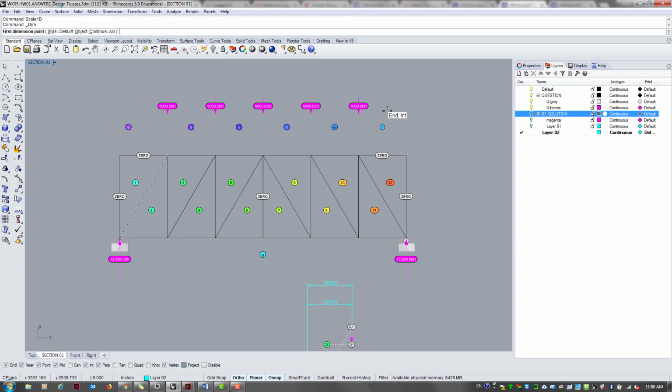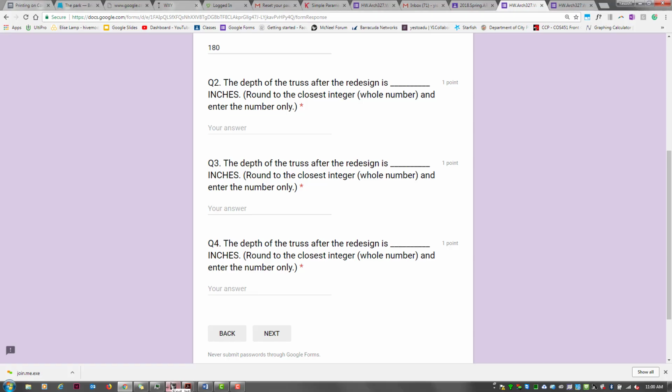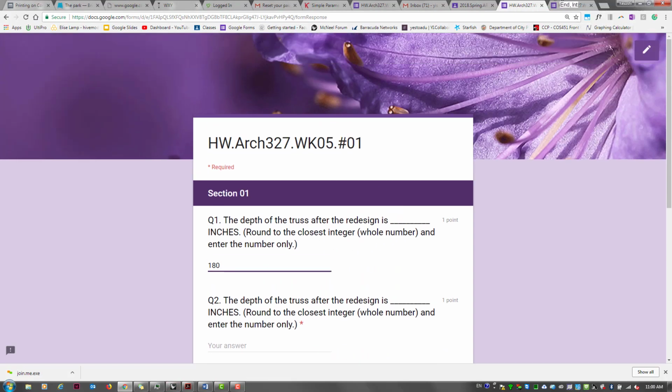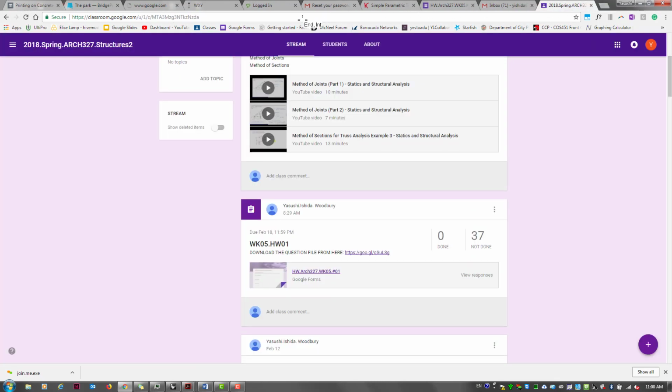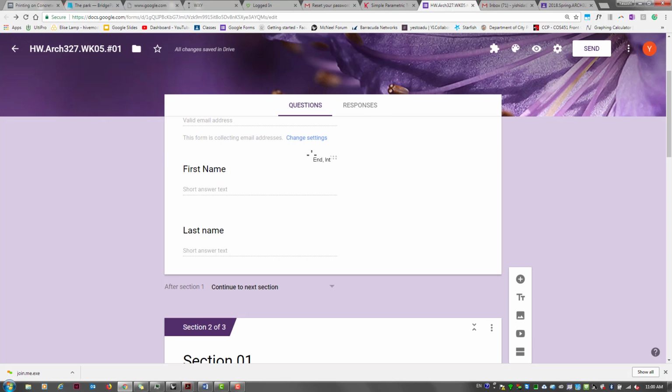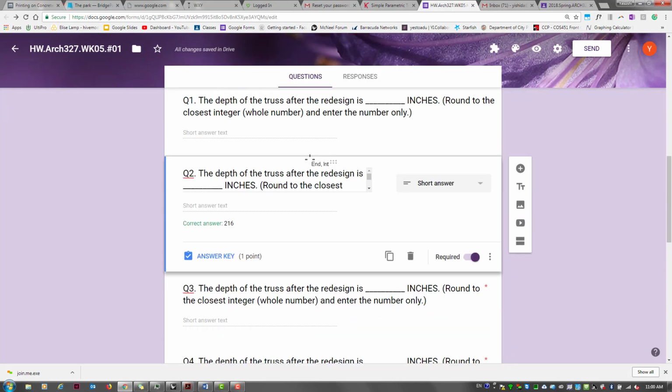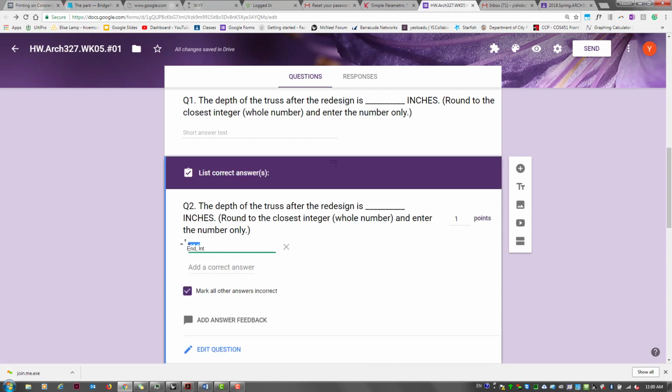So I think the second one, the right answer would be 240. I hope I put the right answer. I think. I got it wrong because I wrote 15 over there, so I should change that to 240.